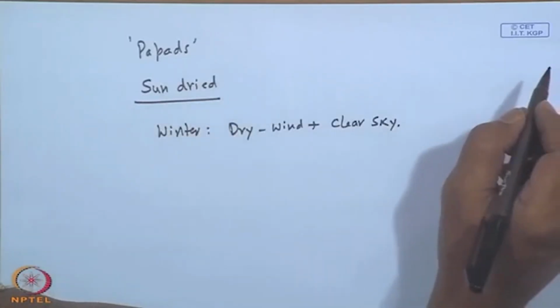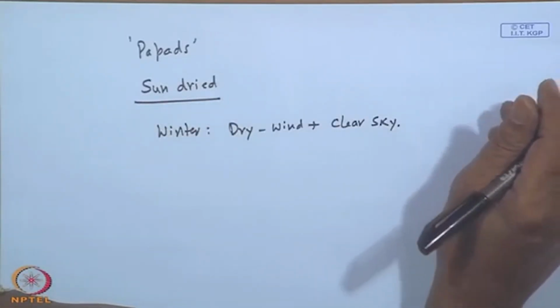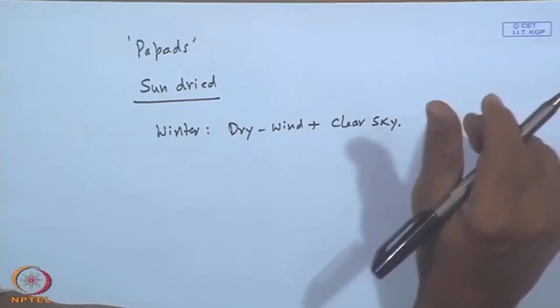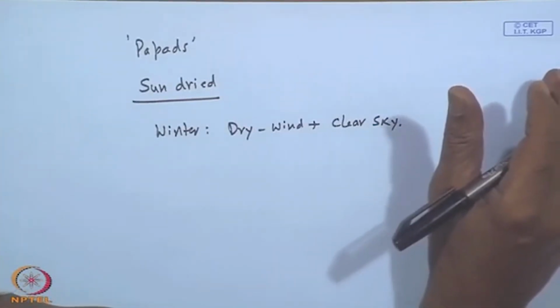If you have a clear sky in the southern, lower latitudes, the winter solar radiation is not at all that low. And we had seen, in the data I have given for Trivandrum, the minimum was about 18 megajoules per meter square a day, and the maximum was about 21 megajoules per meter square a day for the months from January to December.